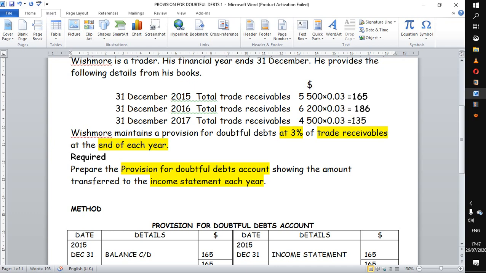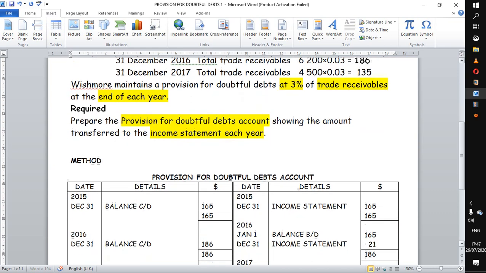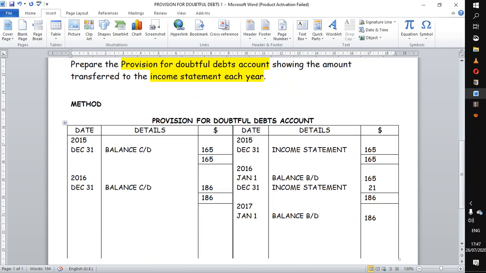Now look at this. 135 is below 186 that we already have in our account. In our account we have 186, but now this time we want to go down to 135.